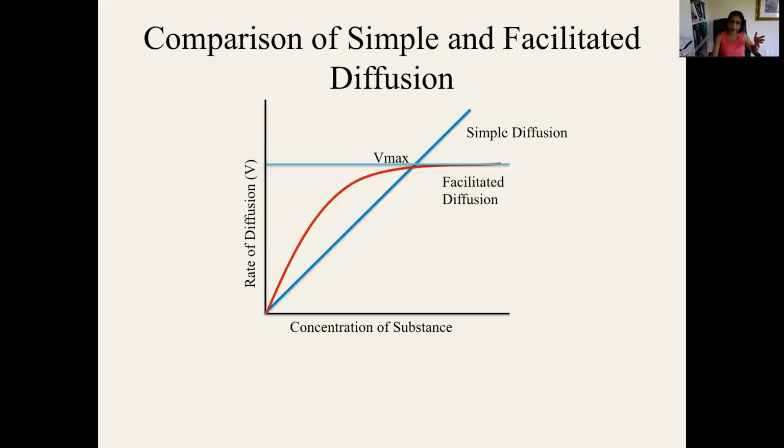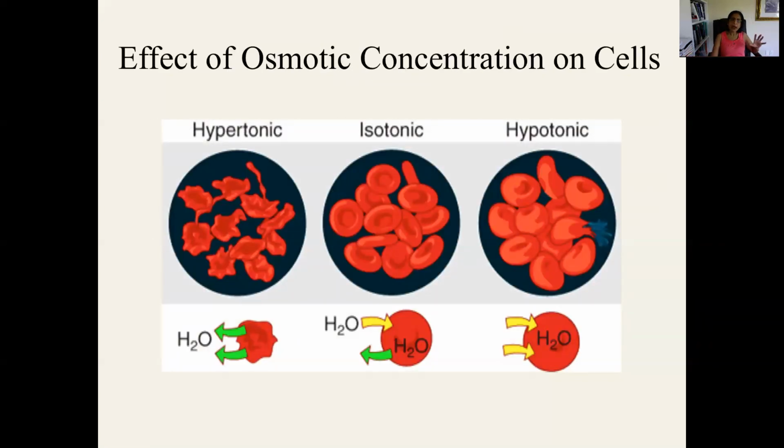And now we have very concentrated plasma, that means more solute here compared to the 300 milliosmol concentration inside the red blood cell. So the movement of water is from the cell towards the fluid here that we can assume as plasma.